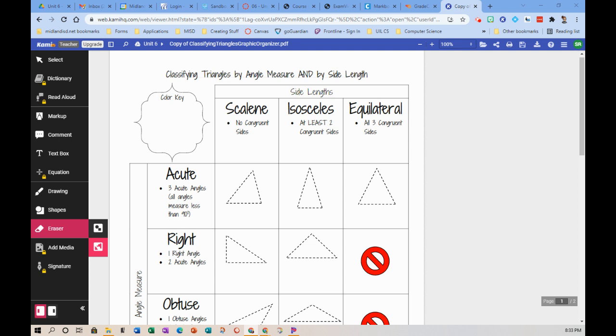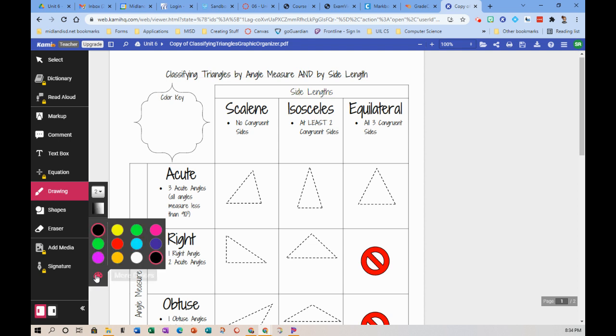So let's talk about our color key. I'm going to pick a color here. Let's go with blue.